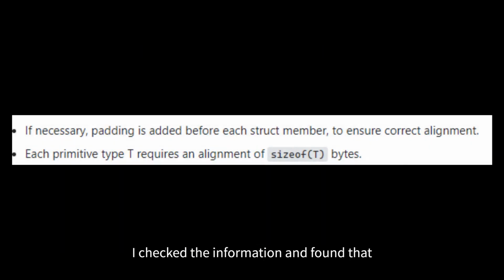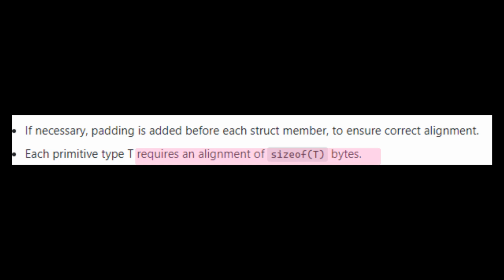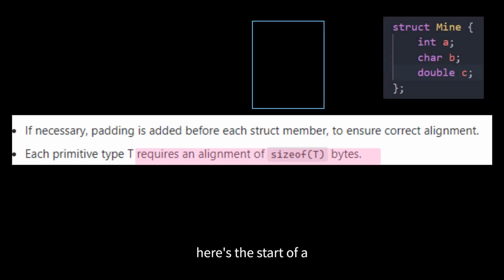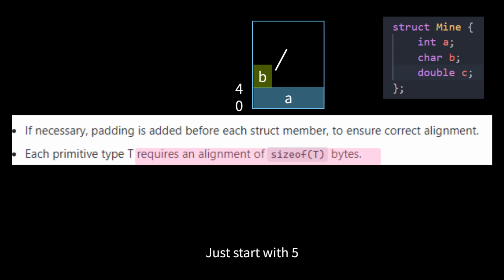I checked the information and found that each member will be aligned according to the size of its own variable type. Here A is the start, so it starts at 0, and is an int occupying 4 bytes. The second one, B, starts from 4, and the variable C, if not aligned, would just start at 5.